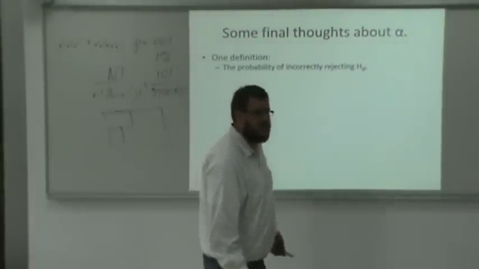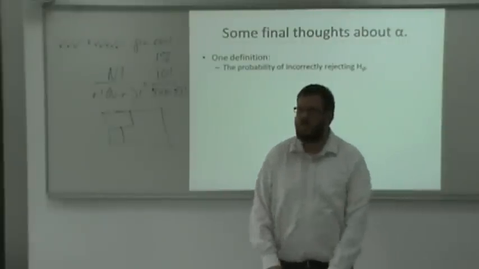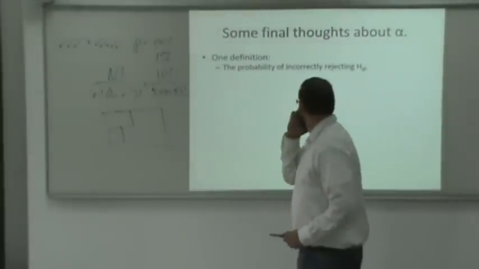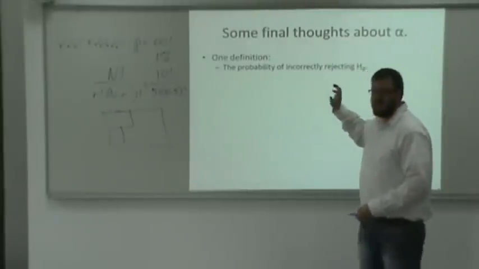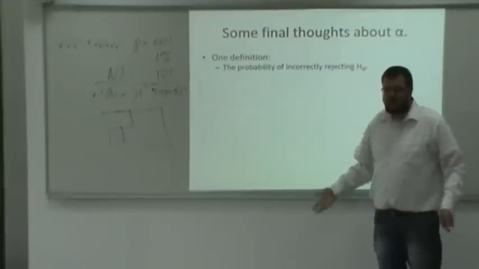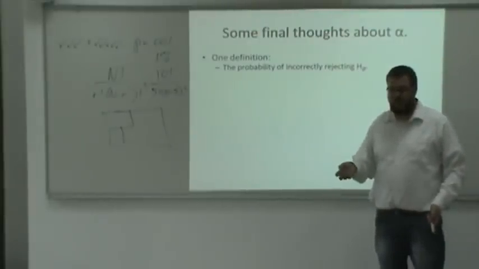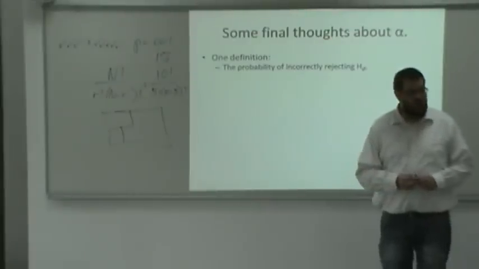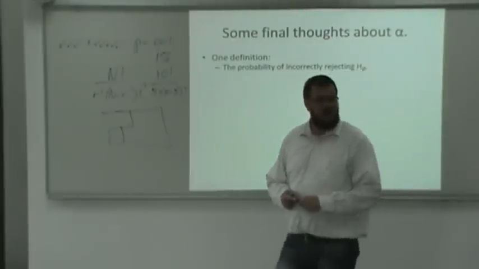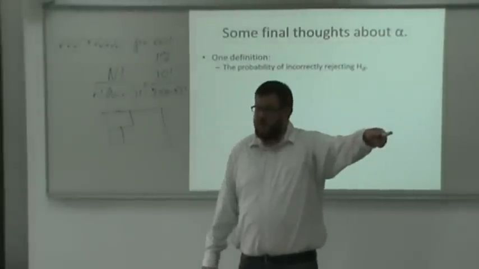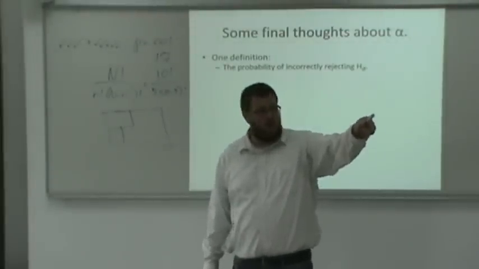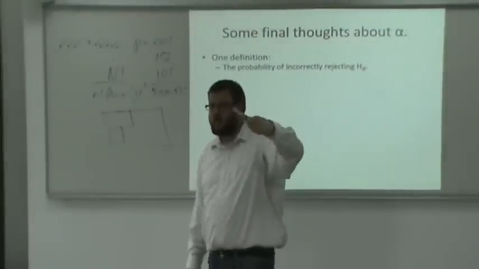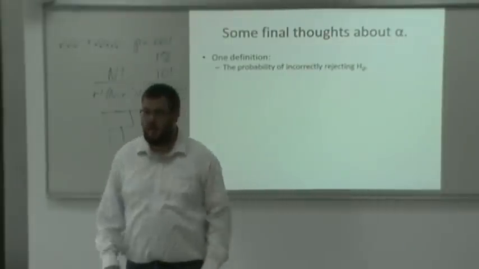Not 50%. So alpha of 0.05 means that, yeah, 5%. When alpha is 0.05, we are incorrectly rejecting the null 5% of the time, right?